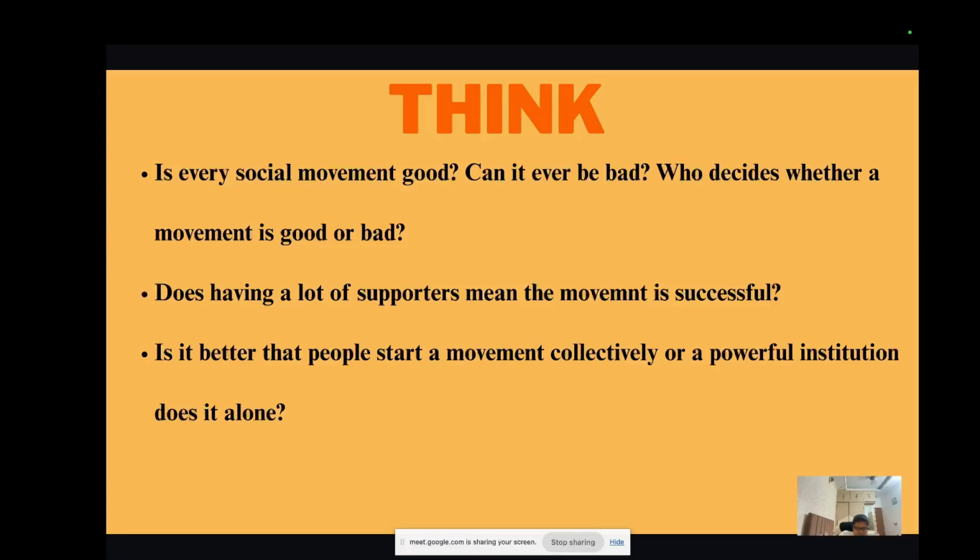But if the people start the movement, more people means more minds and different types of people, which shows how many different types of people support that movement, which probably means that the movement is right. So according to me, people should start a movement collectively rather than a powerful institution, even though both of them have their own green flags.